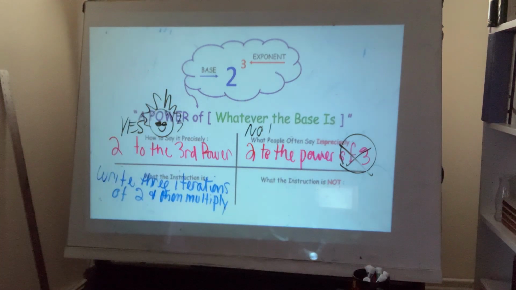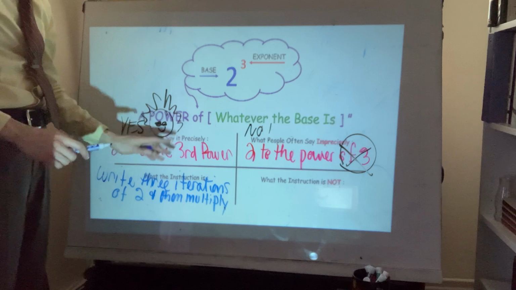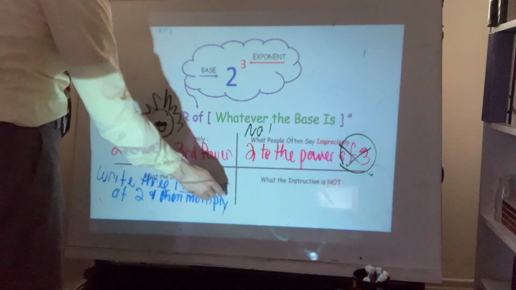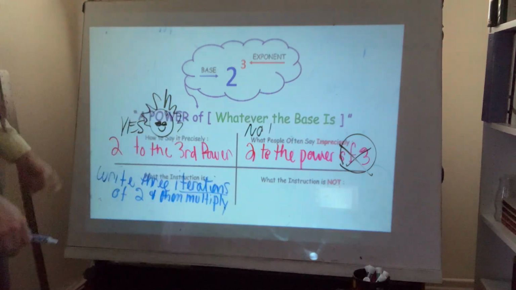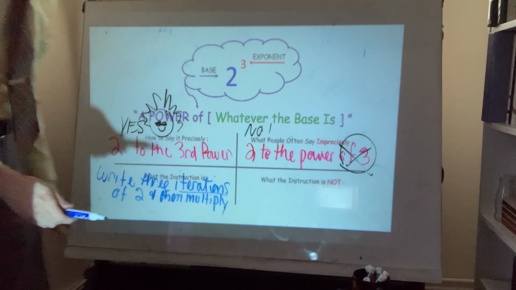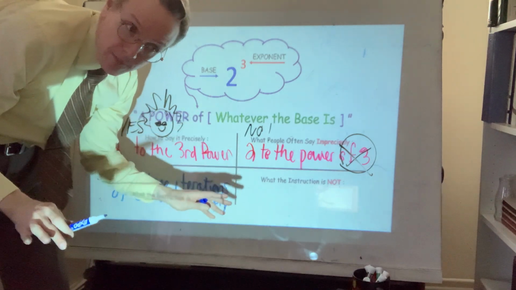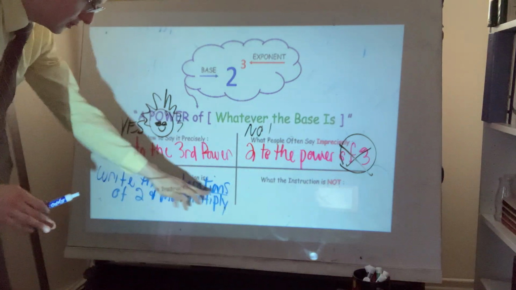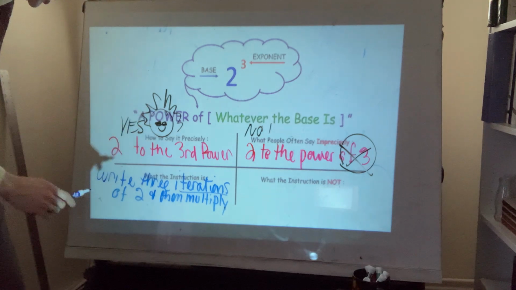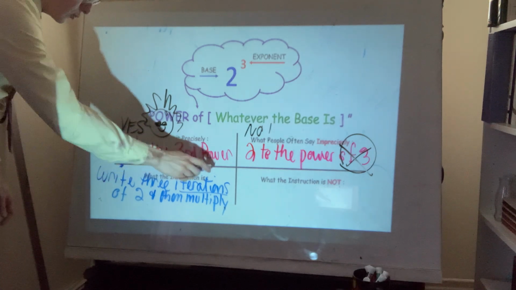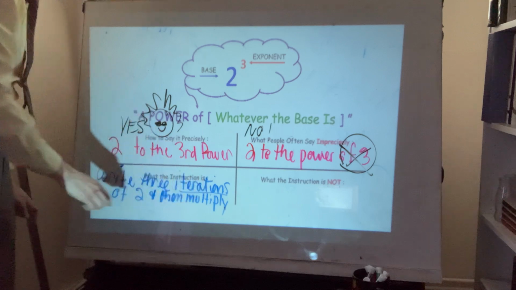Because it's so alien, the word iteration, to a kid who's like 10 or a little bit younger, they will not really know what you mean, and therefore they will not confuse it immediately with something else because it is new. It's a novelty, the word iterations, usually at that age. Write 3 iterations of 2 and then multiply.